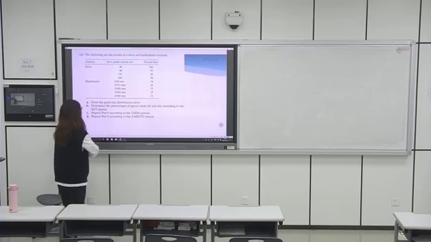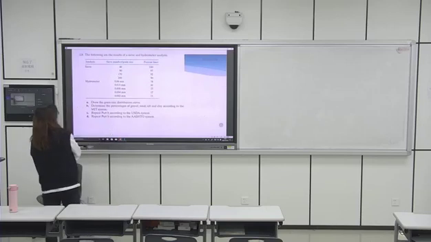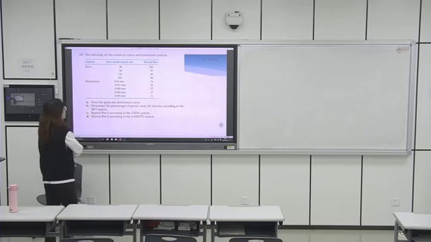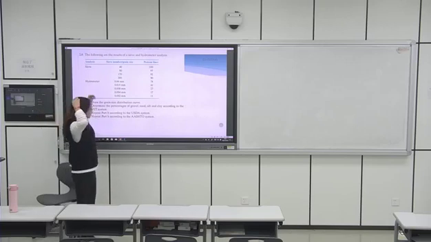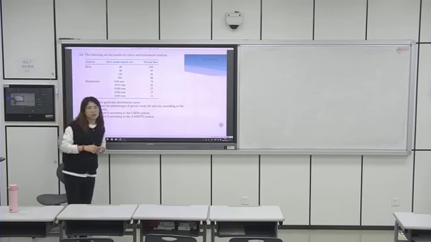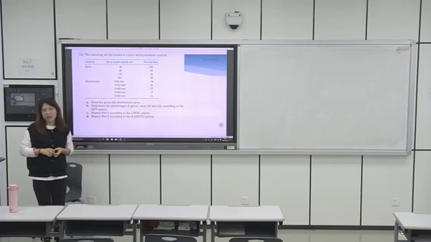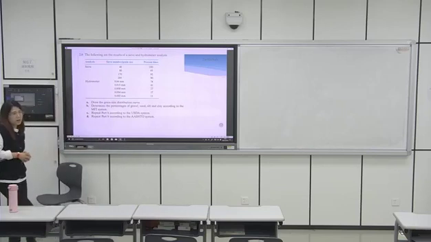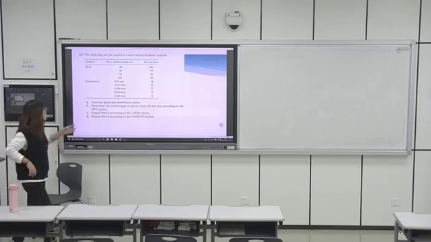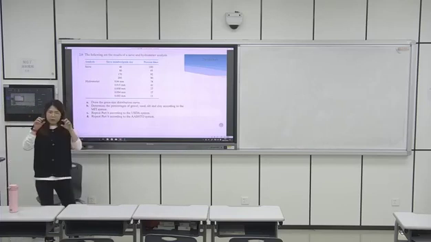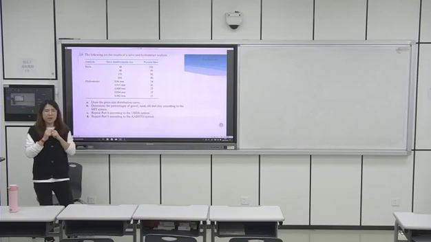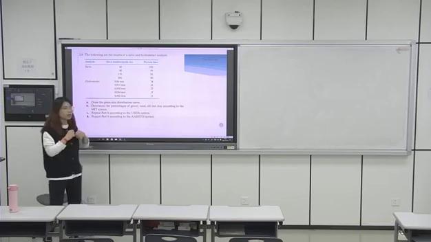The question here gives us the following as a result of a sieve and hydrometer analysis. These two analyses are two methods that help us obtain the particle size distribution curve. We have the sieve, but because the sieve can't handle very fine particles, we have the hydrometer, right?